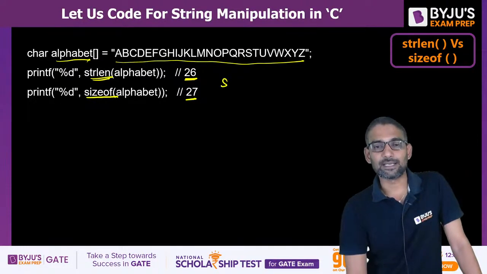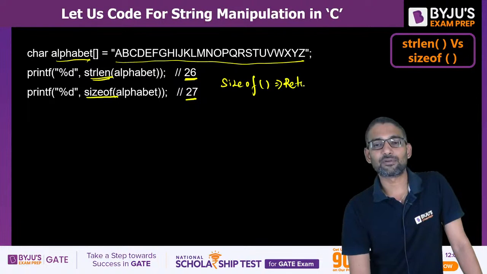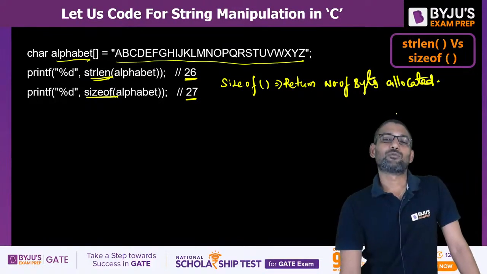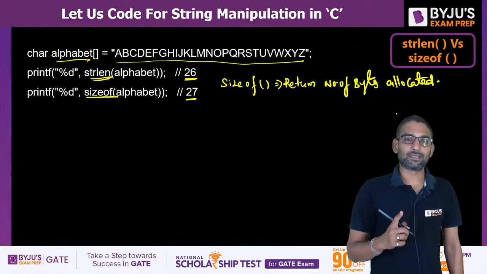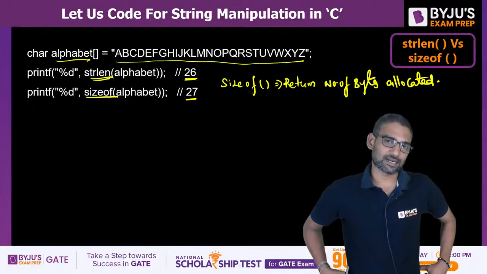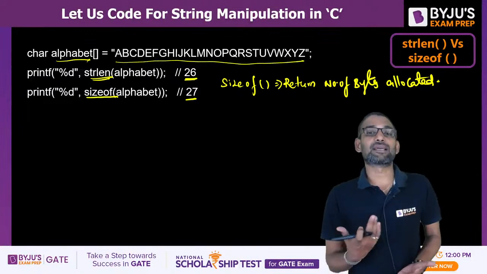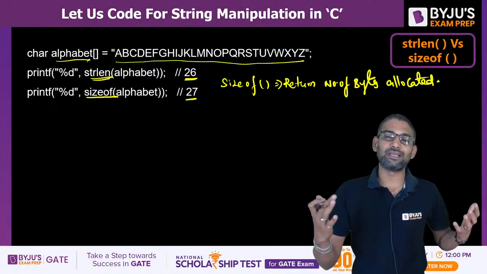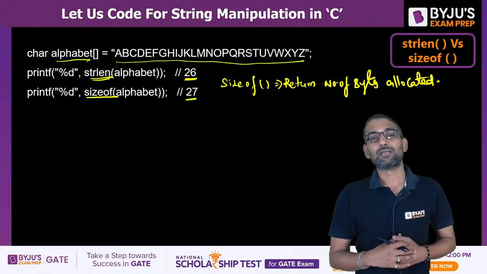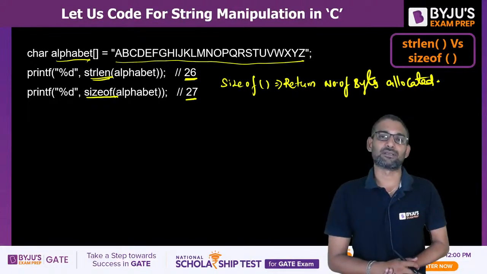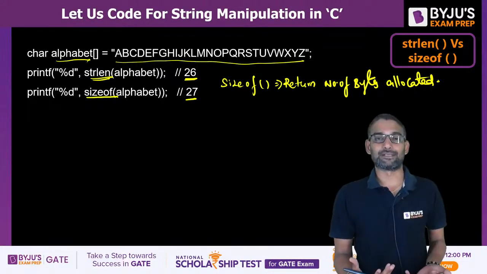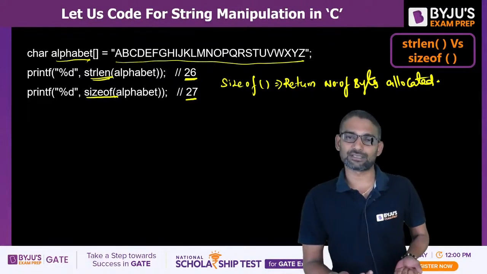Because sizeof will always return number of bytes allocated. We know one character take 1 byte. So if there are 26 characters plus null character, so total how many characters space is allocated? 27 characters space. So 27 bytes. So sizeof will return 27.